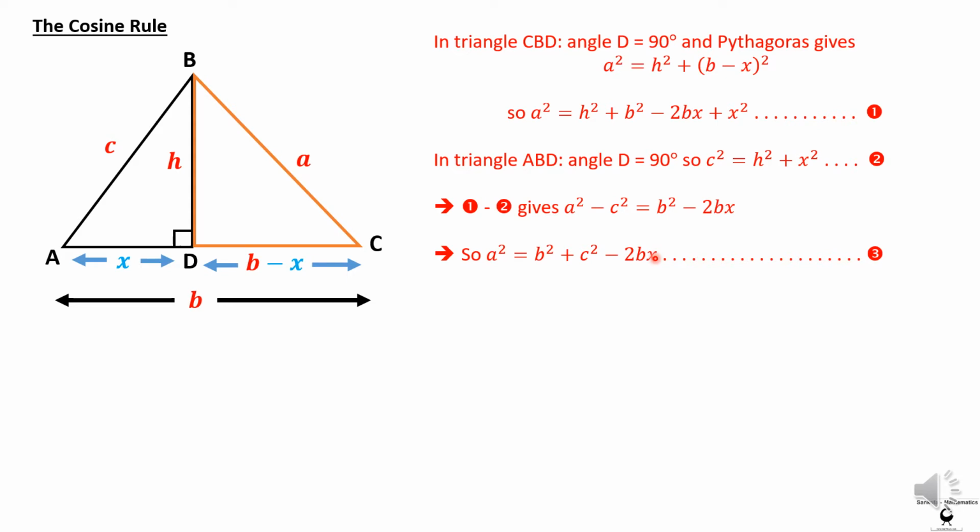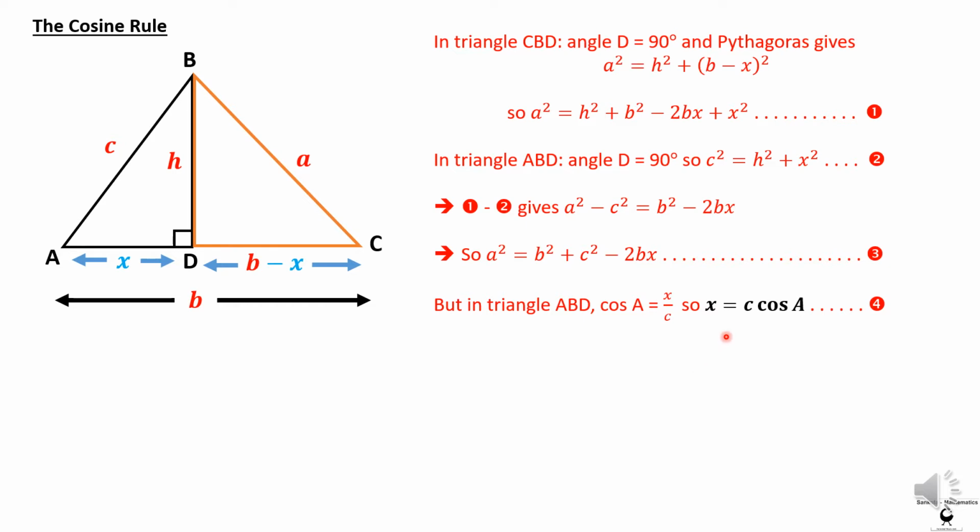Remember from our previous work, if you go to triangle ABD and you want to find this x, you want to make x the subject of the formula, we use the cosine because cosine is adjacent over the hypotenuse. So cos A is going to be x over c.